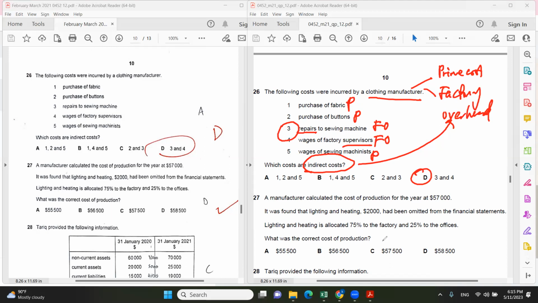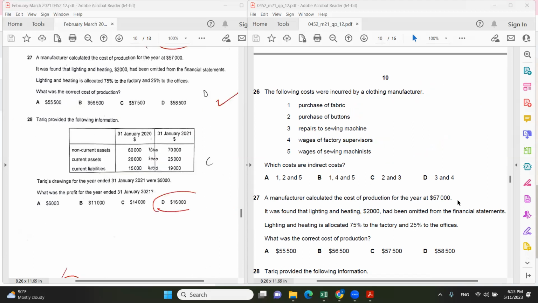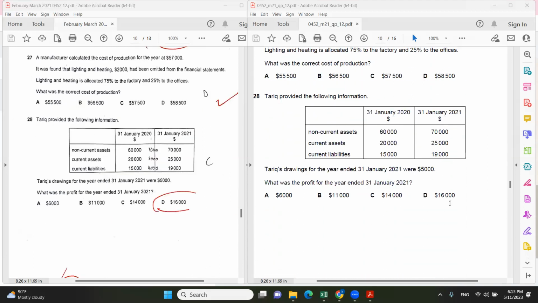Okay, next, question 28. Tarif provides the following information: non-current asset, current liability. Tarif's drawing for the year ended 31st Jan 2021 was 5,000. What was the profit for the year? So we open the capital account.